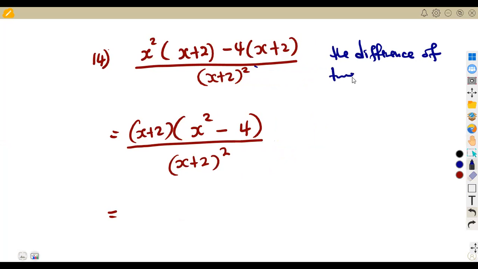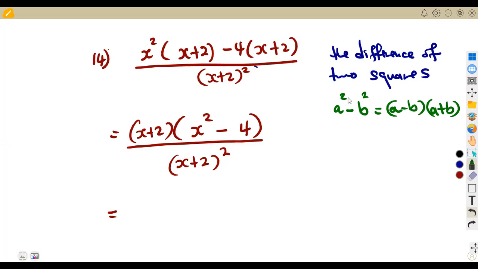We know that from our difference of two squares, if we are given a squared minus b squared like this, it is going to give us a minus b into a plus b. That's a difference of two squares, which simply indicates the square root of this and the square root of this in the brackets.